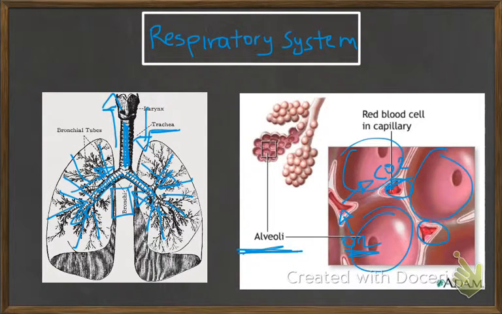And so basically that's the job of the lungs as a whole. They allow gas exchange because they contain these capillaries and alveoli that allow the oxygen in and carbon dioxide out.